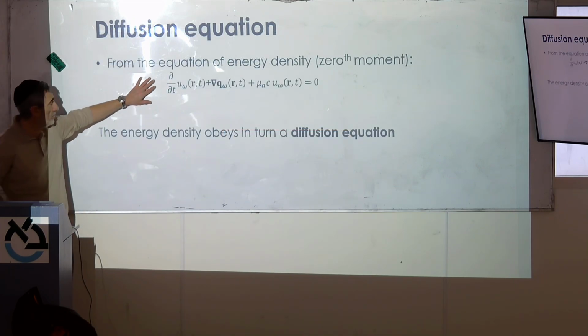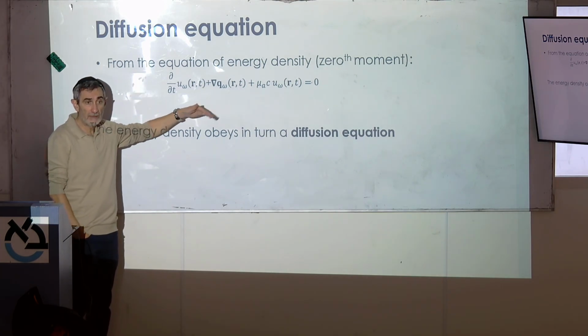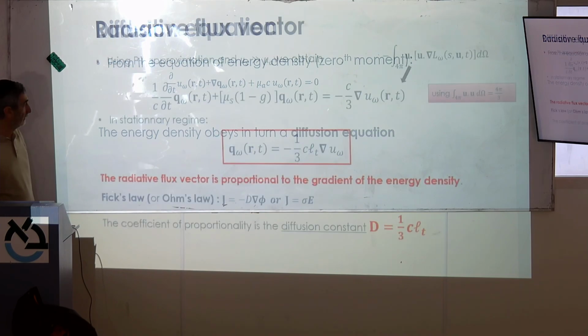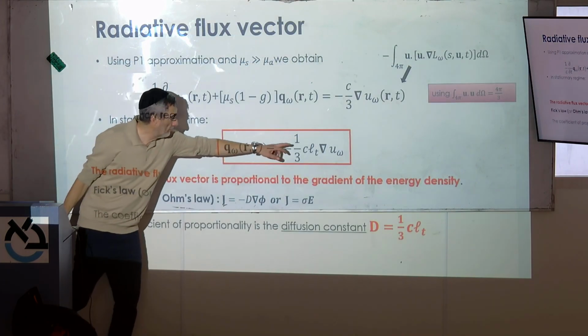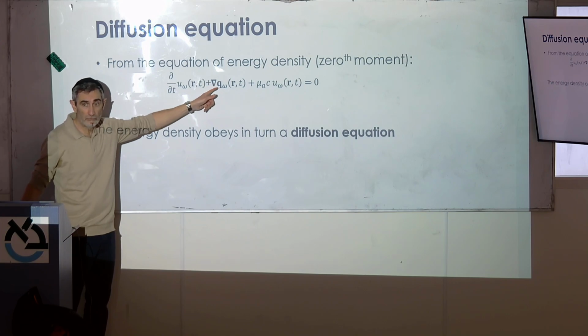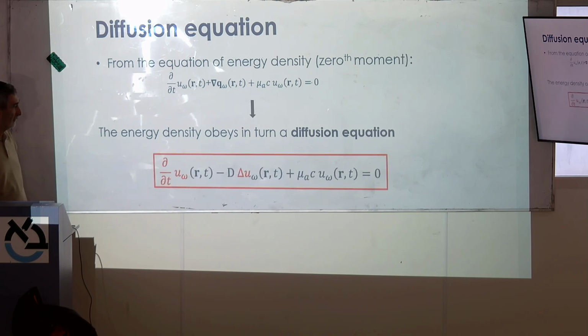I go back to the equation from the zeroth moment, the conservation of energy, and I can replace Q here by the gradient of the energy density U. So it's going to be the gradient of the gradient of U, this is the Laplacian, right? And this is the final equation that we end up with.